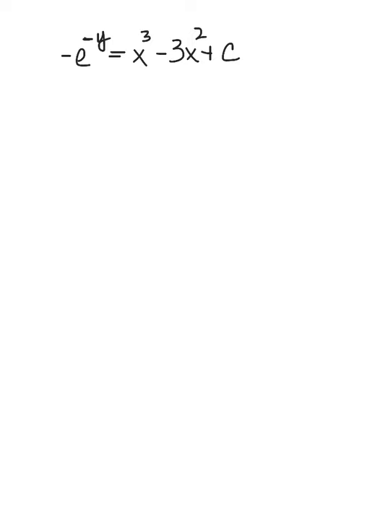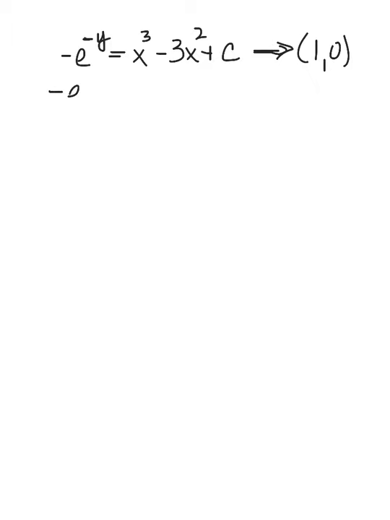Now remember then at this point, once we have the y on one side and we've integrated here, we usually like to plug in that point, and the value that they gave us was (1, 0). So we're going to plug in (1, 0).